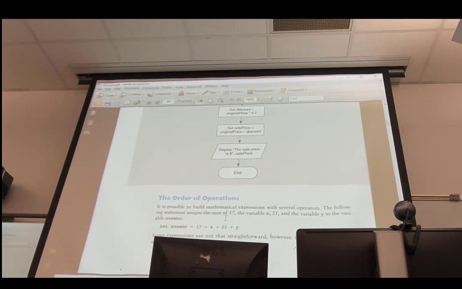So if I had x is equal to, well, let's see, I'll say 4 plus 2 plus 1. What's that answer? 7. All right. So what you did, this plus this, right? Correct?